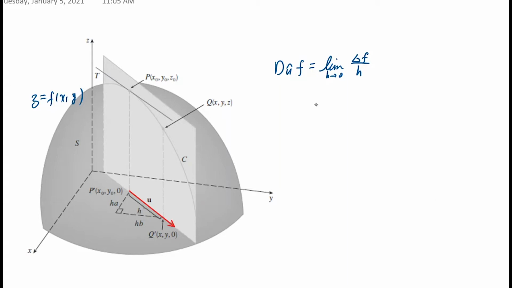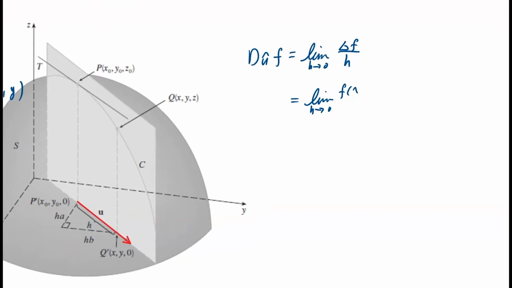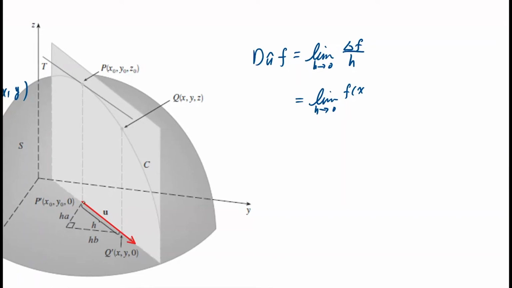Okay, so let me write this down. Limit as h approaching 0 of, let me write down the numerator, f of x plus some, let's call this point right there x naught, y naught, because this is a derivative at x naught, y naught. We fix this point. And then, of course, z coordinate is 0 on xy plane, okay? x naught plus something, some little tiny thingy.